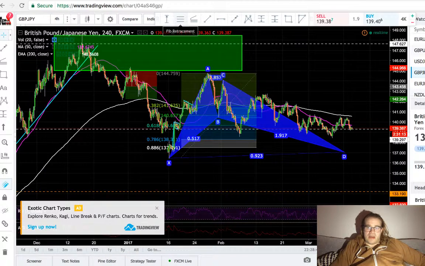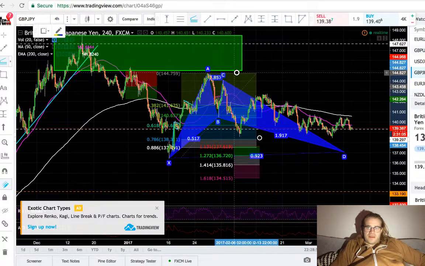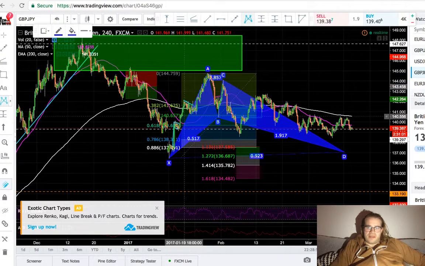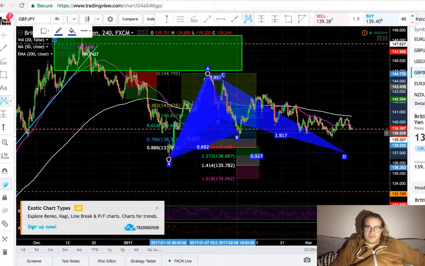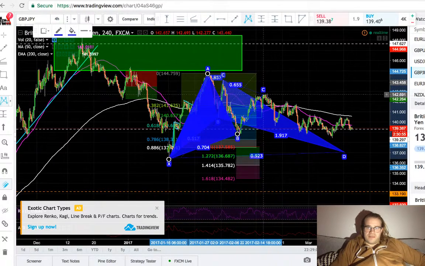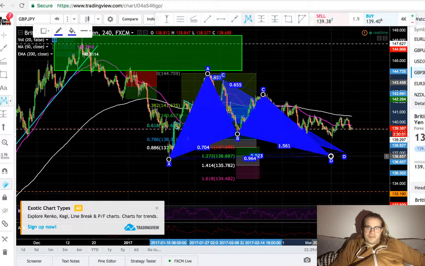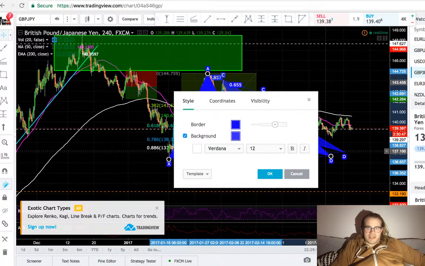I don't know how you trade your patterns, but we have the larger Gartley pattern at the same area. So like this, boom, boom, boom, boom. I'm just going to double check if this is valid.